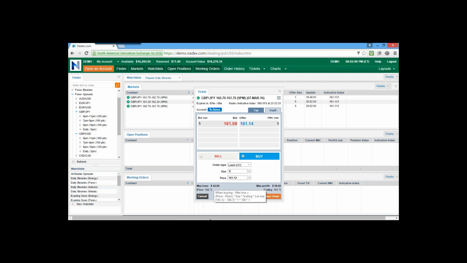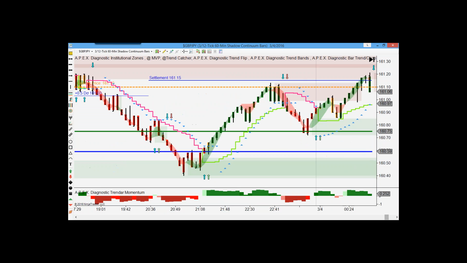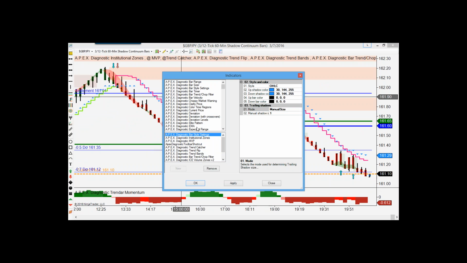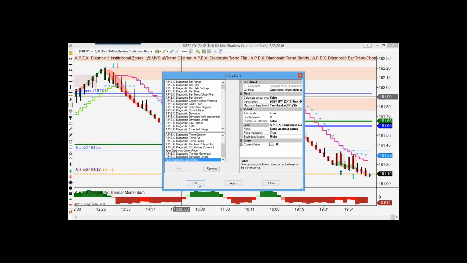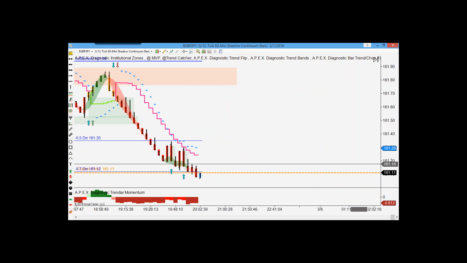Well, let's look at a pound yen chart real quick here. And let's see, where is the market right now? Let's do current price. Okay. So right now, pound yen is at 161.10. So where would the market have to go for me to lose $46?